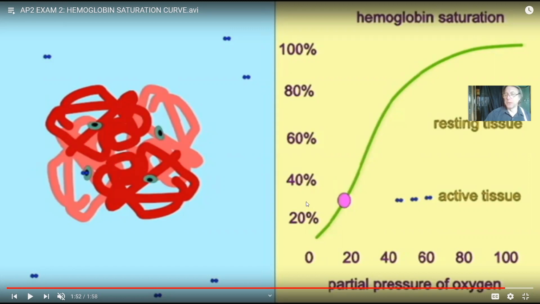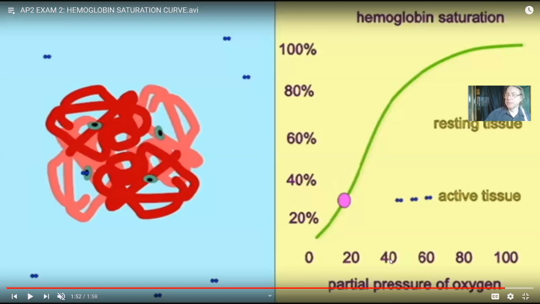Notice that it is still 25% saturated. The reason it's not 100% saturated is that 75% of the oxygen that hemoglobin was carrying went to the tissue. That's what the steep slope gives us. The resting tissue got 25% of the oxygen being carried by hemoglobin. The active tissue got 75%.